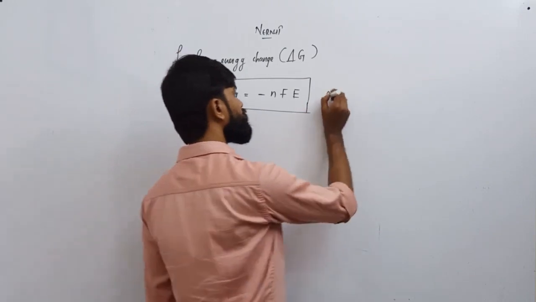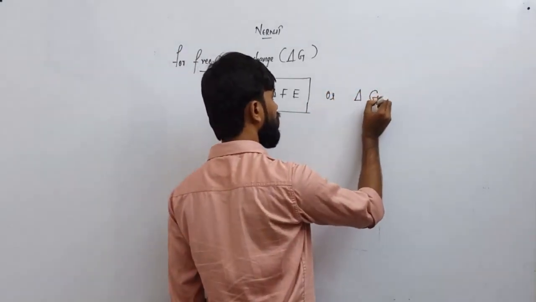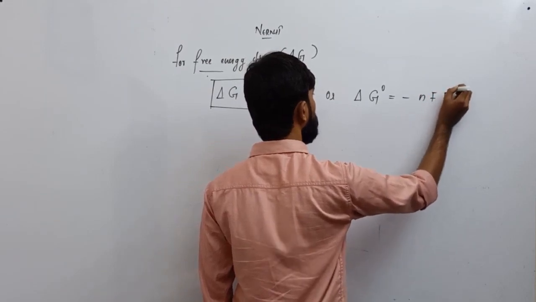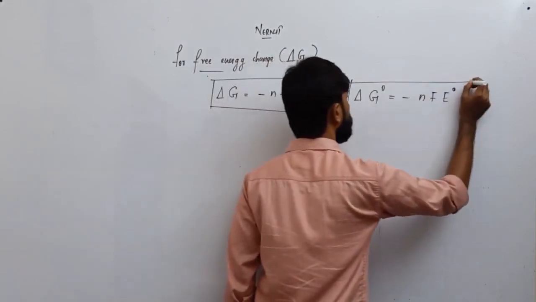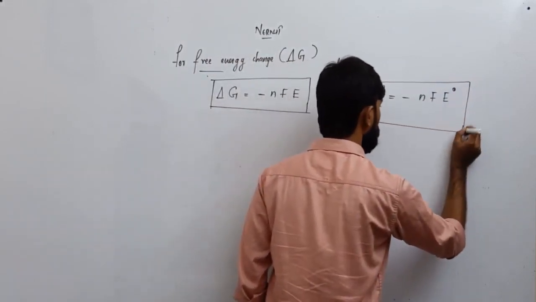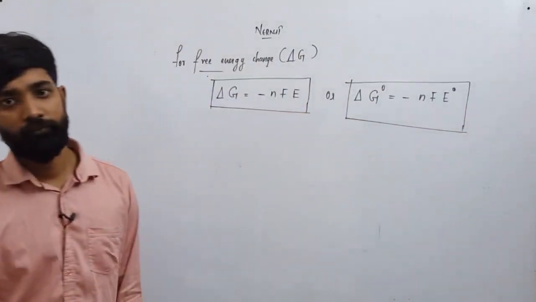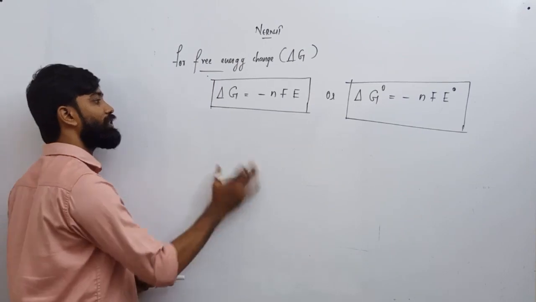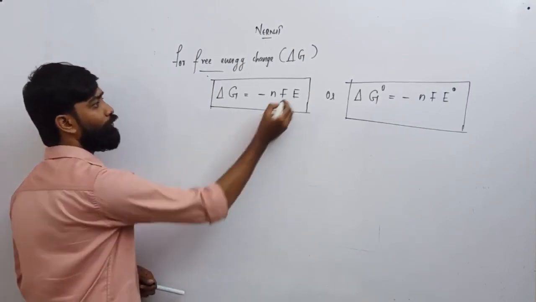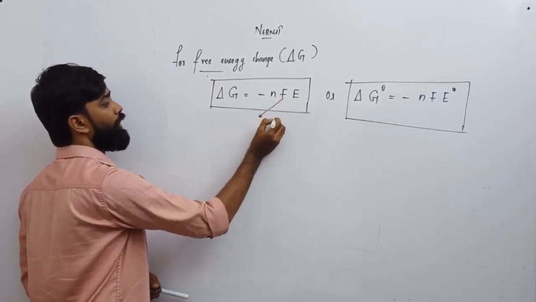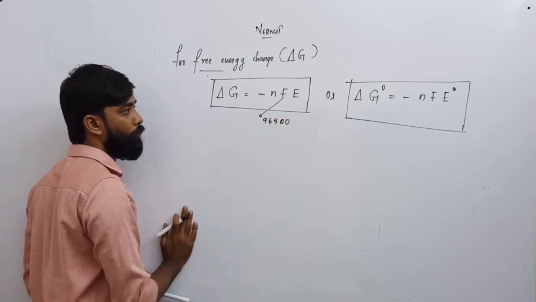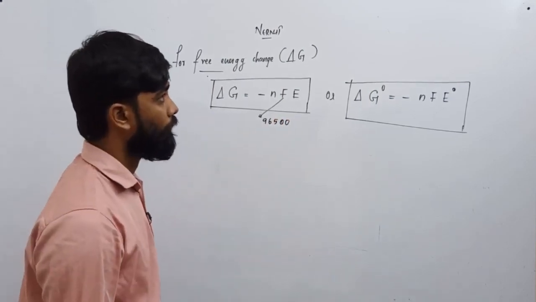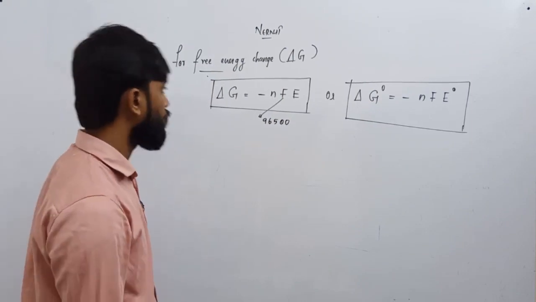Or if it is in standard conditions, then delta G0 equals minus nFE0. Ready? This is the expression. F, you know, is the Faraday constant, 96500. Okay.